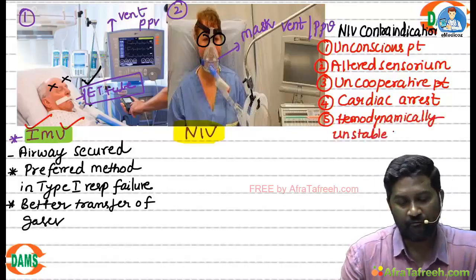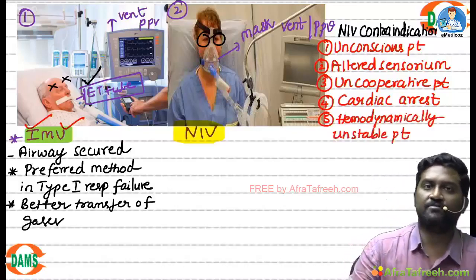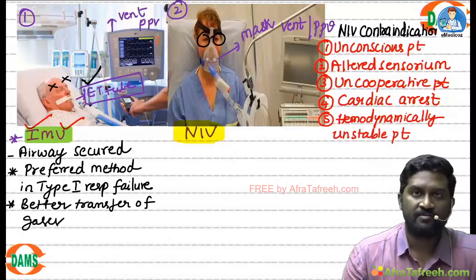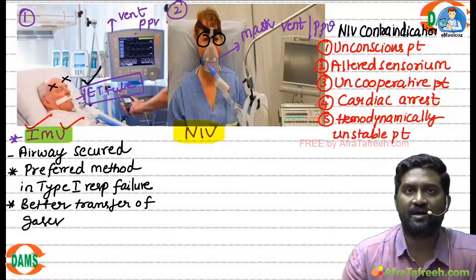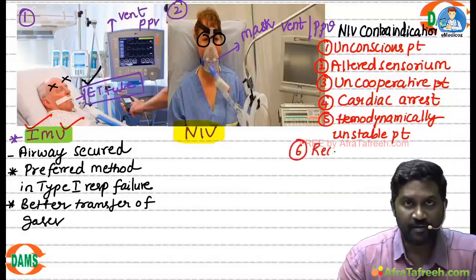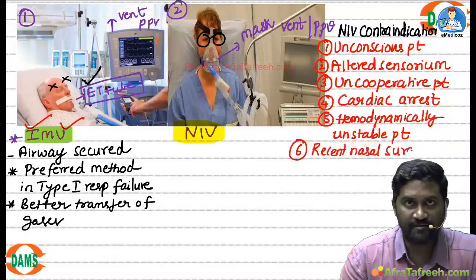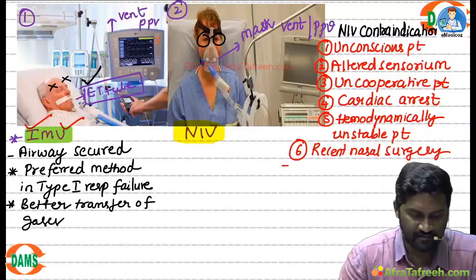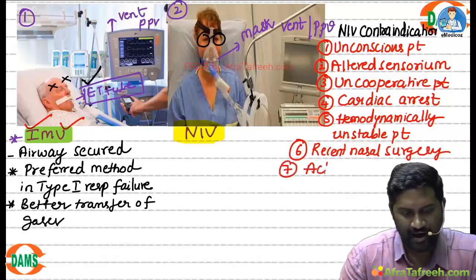I don't know when this patient is going into cardiac arrest. So there is no point in giving NIV. Then patients with recent nasal surgery. And also active GI bleed.